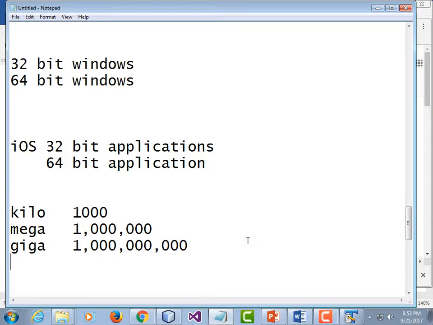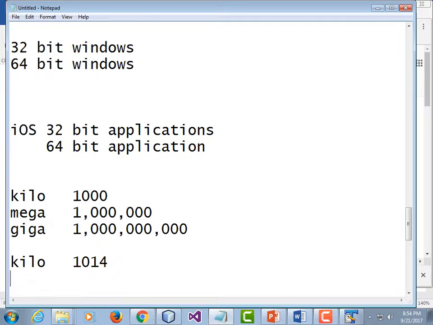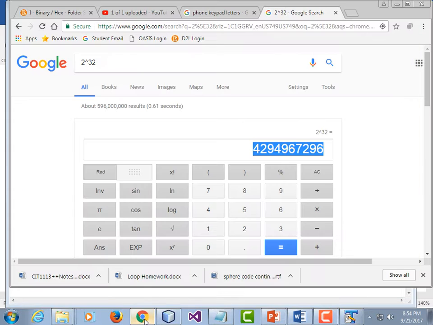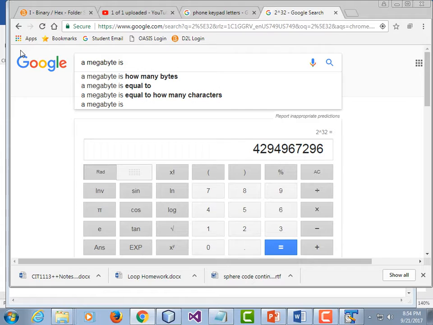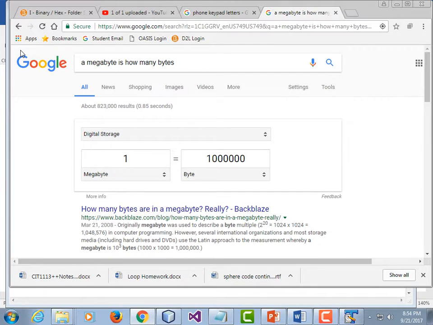Now, computer scientists define kilo, mega, and giga slightly differently. They do it in powers of 2, and there is no power of 2 that adds up to 1,000. Instead, a kilo to a computer scientist is 1024. And a mega to a computer scientist is, well, that's not right, that's a lie.